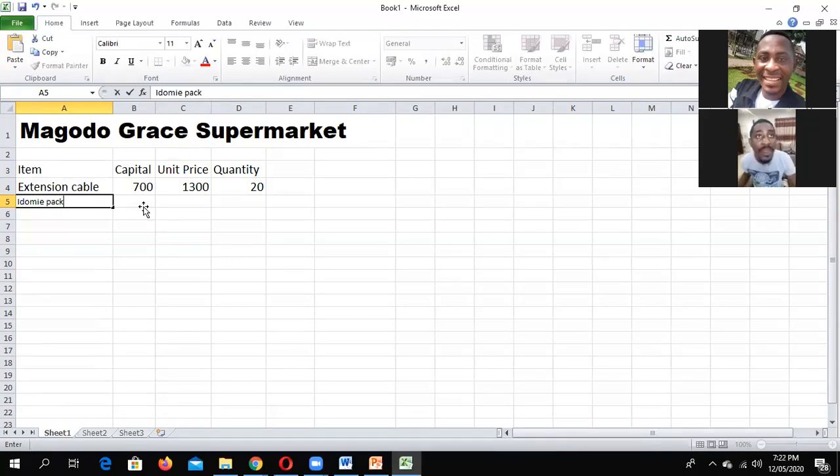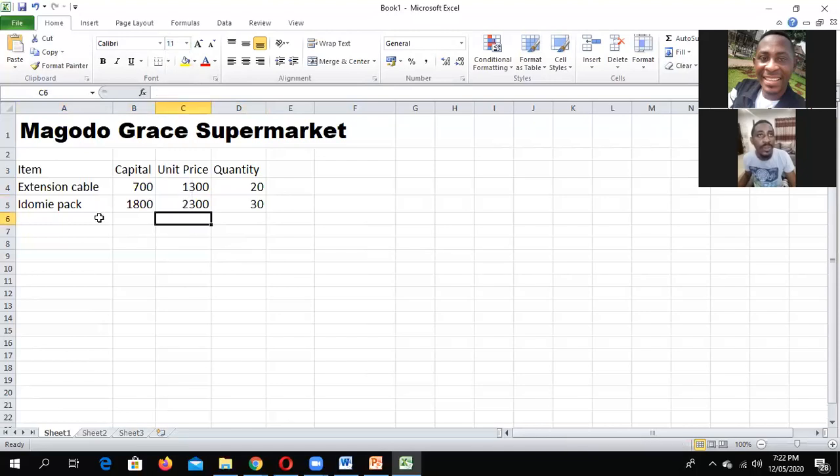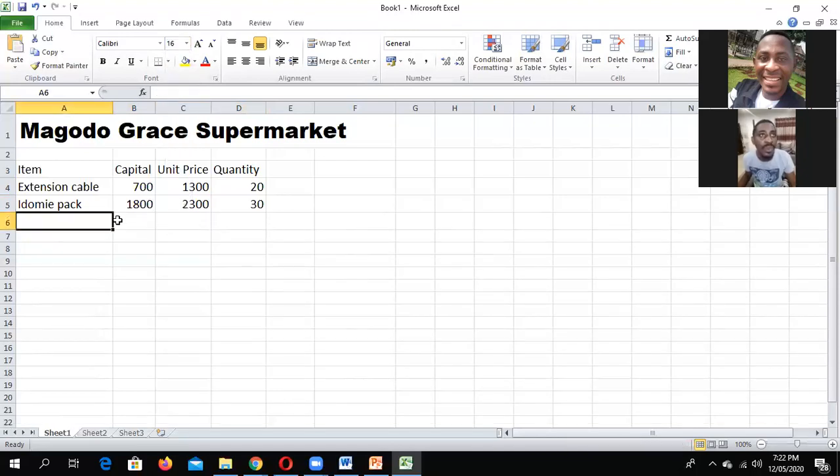Indomie pack. Let's say they purchased it for 1,800, and then they are selling for 2,300, and then they have 30 in stock, 30 packs in stock. I won't always be increasing this, so I'm just going to increase it once. So this is 16. That's what I want.